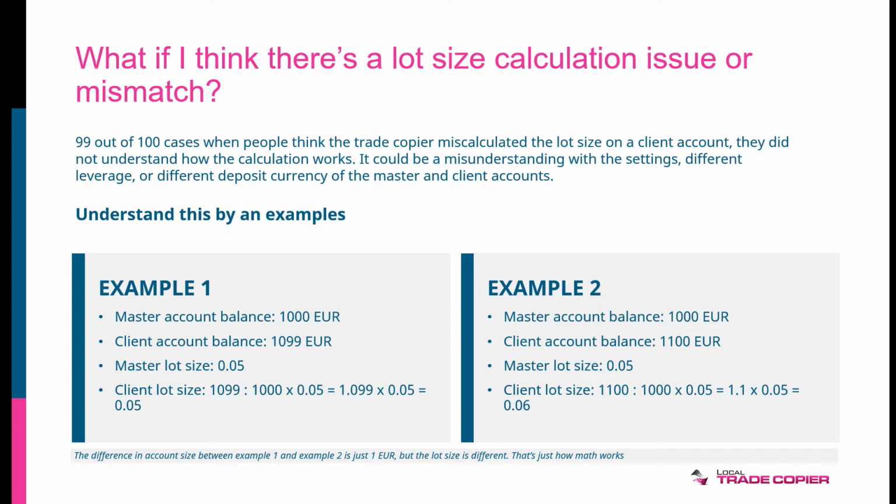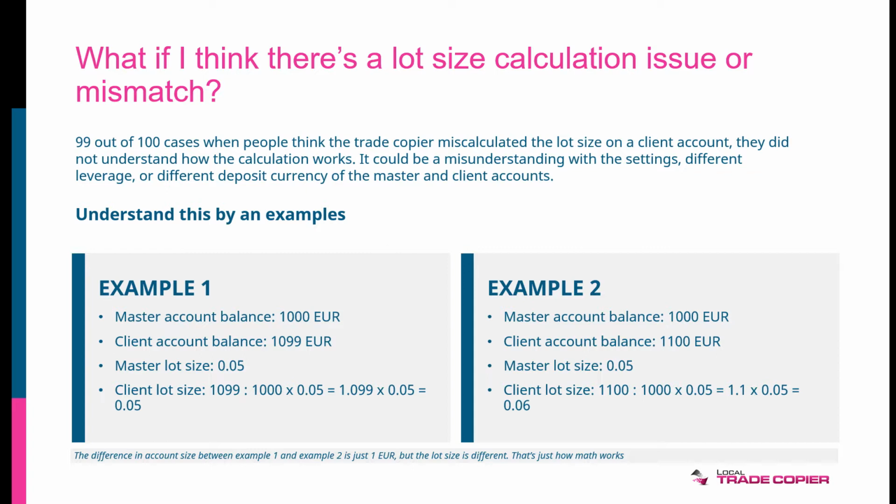So in the first example, we divide the client account balance by the master account balance to get the ratio, and then we multiply it by 5 microlots, and in result we have 5 microlots, the same. In example number 2, we take the client balance of 1,100 and divide that by 1,000 euros.